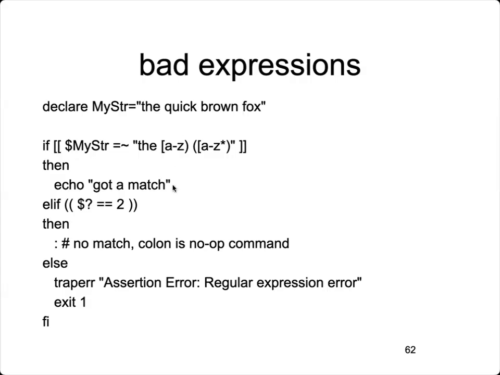And so I said, that can't be right, there has to be a reason for that. So what I dug in and learned is it returns 0 when it's a match, it returns 2 if there's no match, and it returns something else if the regular expression had an error in it.